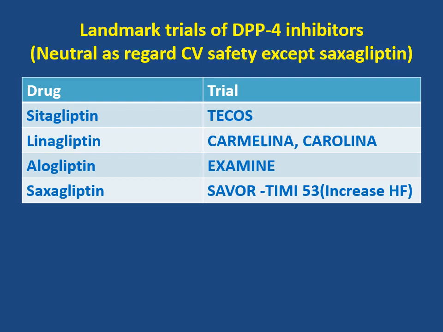The second trial is the CARMELINA and CAROLINA trials, which showed the safety of linagliptin. The third trial is the EXAMINE trial, which shows the safety of alogliptin. And finally, SAVOR-TIMI 53, which showed the bad effect of saxagliptin in patients with heart failure as it increases heart failure hospitalization.